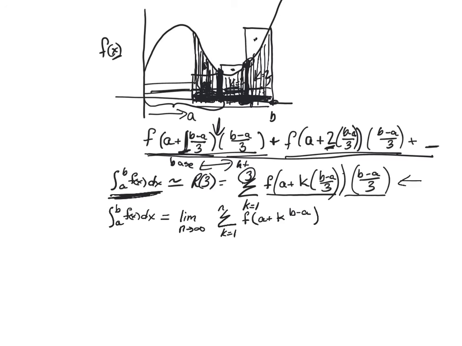N. Underneath here, I'm going to have to divide by the number of rectangles, which is n, right? So that's what's approaching infinity. Times, so this is the height. And then b minus a over n is going to be the width. You guys all right with that?